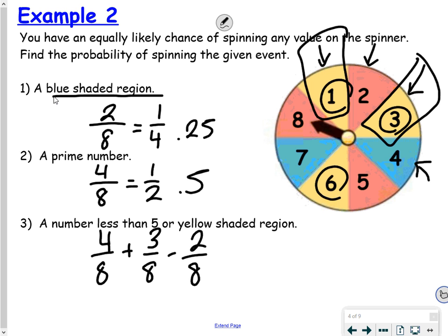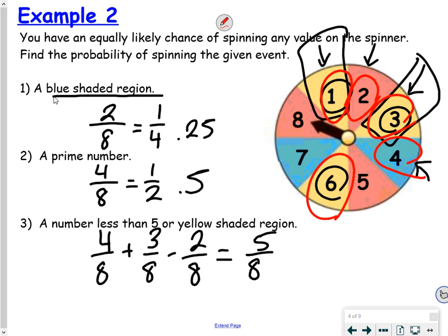Okay, so that would be 2 out of 8 times in which we've double counted those 2 events. So we get 5/8, which makes sense. Okay, there's 5 different spots that would be less than 5 or in a yellow shaded region. So 5/8 would be 0.625, or 62.5%.